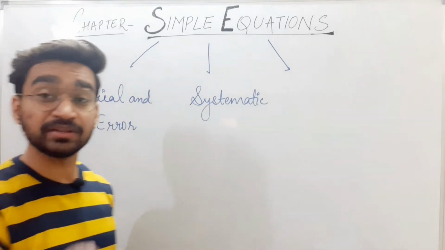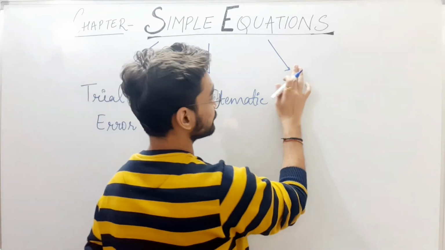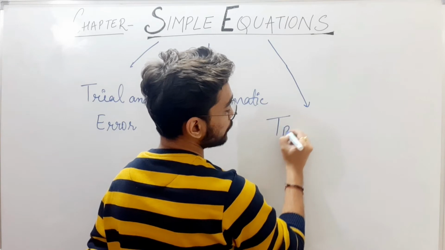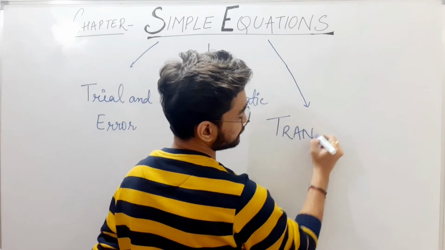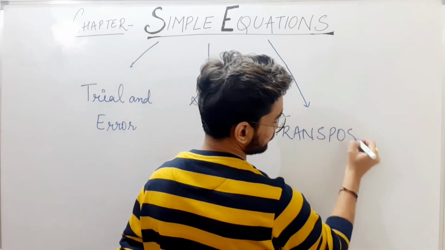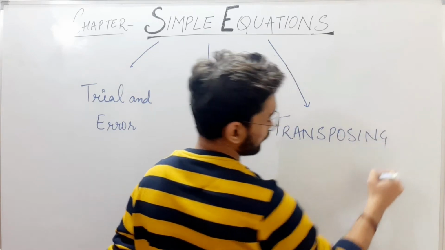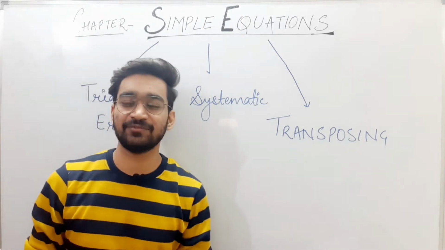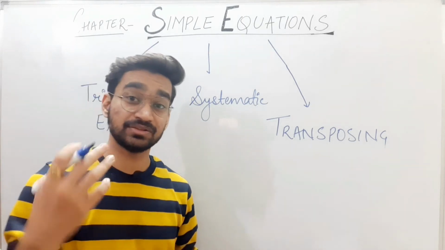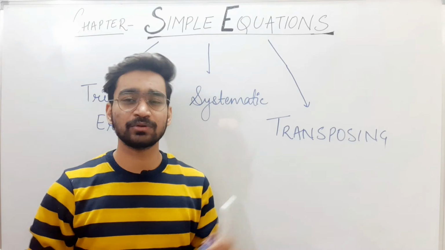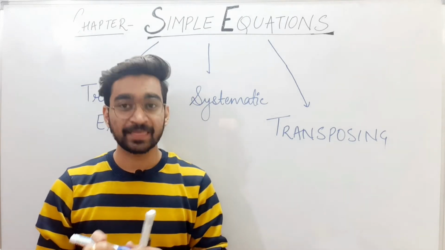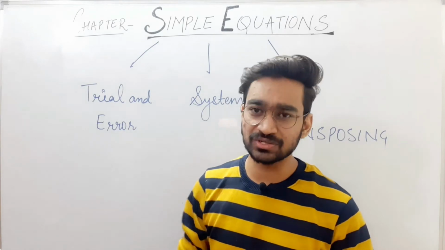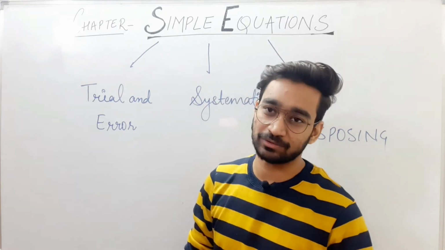And the third one, and the most efficient one, is the transposing method. I always follow this method in my personal life also to solve any equation, and I suggest you all use this method because it is very time saving. The other 2 methods are good enough for small equations. They have their own merits and demerits also.